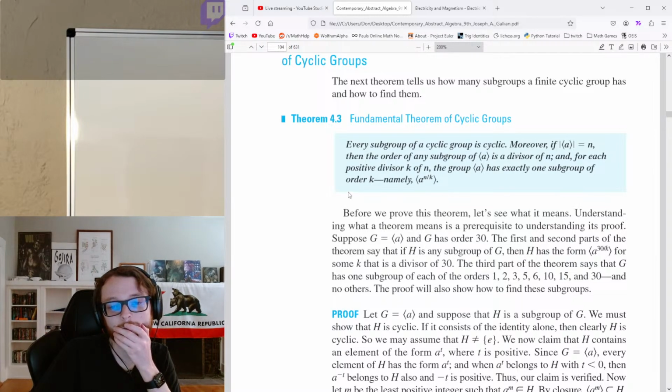Sorry, I'm fidgeting with my mouse right now. Actually, you probably can't even see when I right click anyway. Okay, cool. I keep on right clicking by accident.